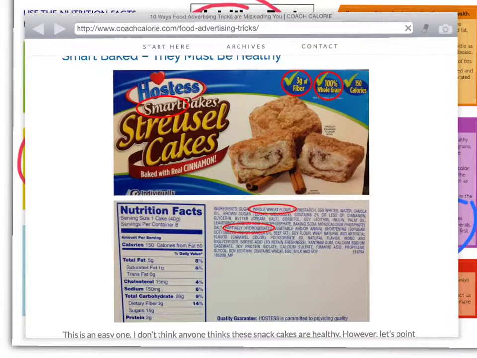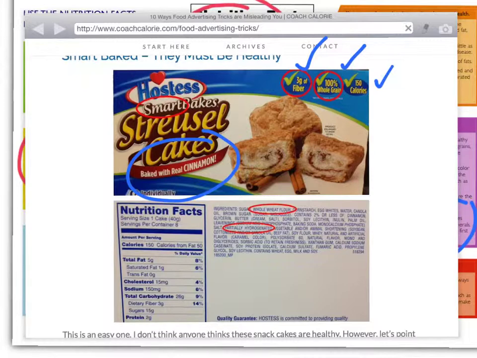Smart bakes. I mean, these are just little tricks that they use, right? So smart bakes that tell you, well, this is smart. It's baked with real cinnamon. Look at this, with real cinnamon. What other kind of cinnamon would you put in it? It tells you it has fiber, it has whole grain, it's only 150 calories, although we don't know what the serving is.